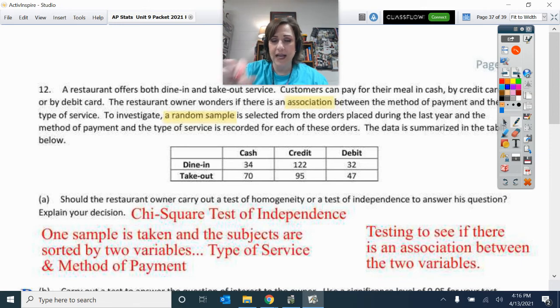So I'm going to categorize this ticket by 2 variables, 2 traits: the method and the type of ticket. That is 2 variables with 1 sample: a chi-squared test of independence.